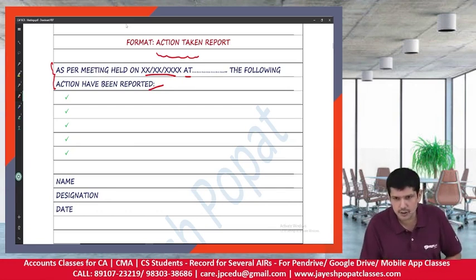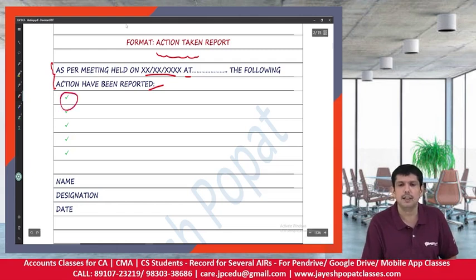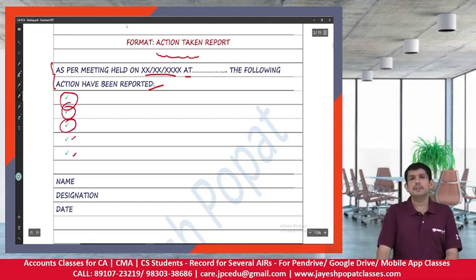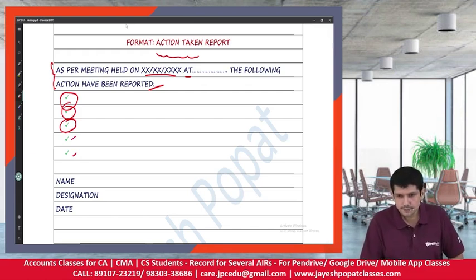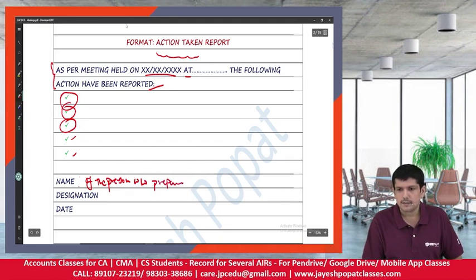So whatever is the actual scenario, let's say 5 people at junior level recruited, 2 people at mid-level recruited, 5 at this level recruited, and whatever other outcome is there, you need to document. Then you need to put the name. This name is the name of the person who prepares the ATR, right?